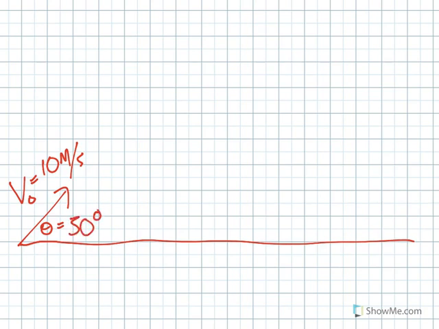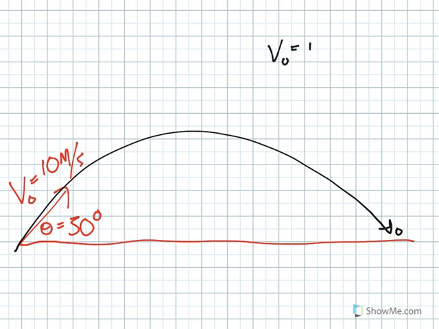We want to know everything there is to know about this thing. We know it's going to go up in the air and then land somewhere over here. So we know that v naught is 10 meters per second. It's in free fall, so its acceleration is about minus 10 meters per second squared. And that seems to be all that we know.